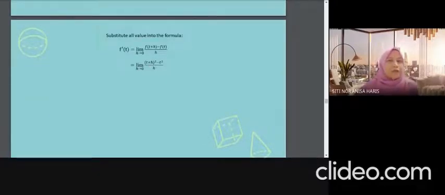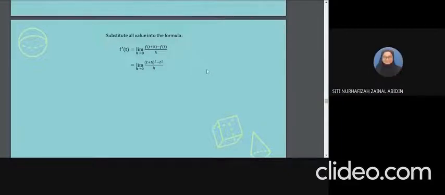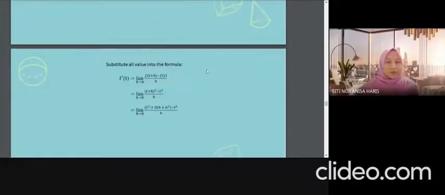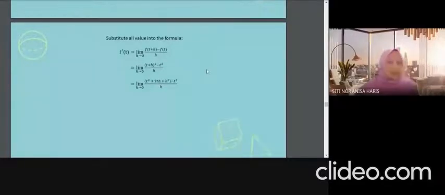So what will we get when we expand this equation? t squared plus 2th plus h squared. Okay, good. We will get this, and don't forget to minus t squared.